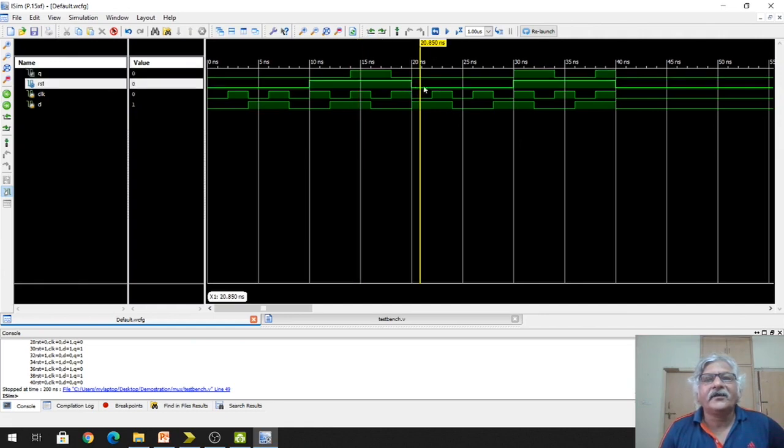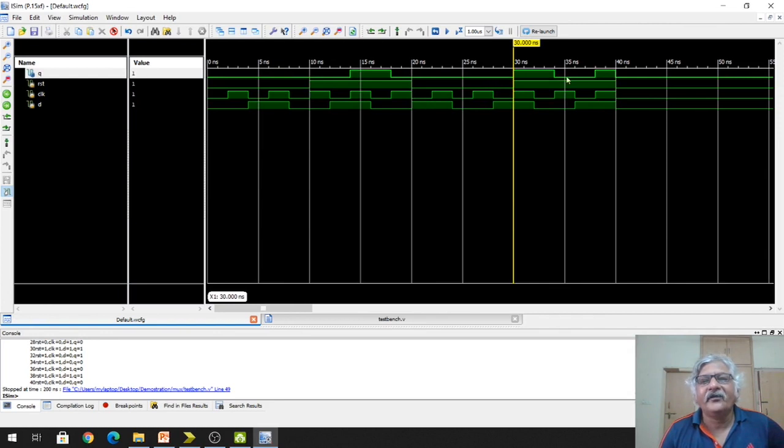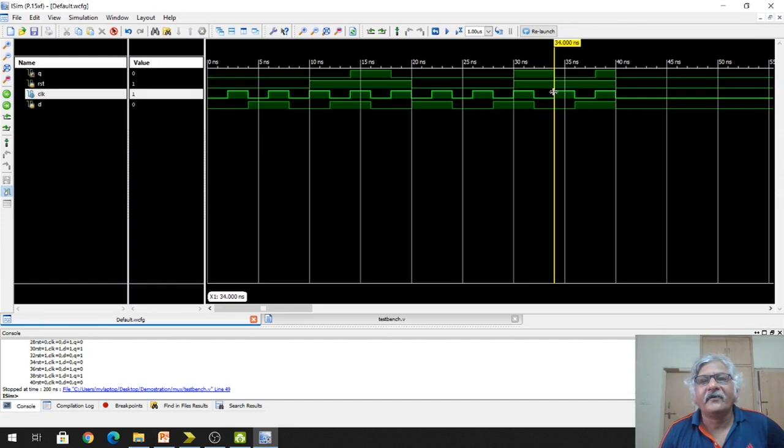Now, again the RST is 0. If RST becomes 0, then there is no change in the output. Whatever is the change in the D input or in the clock, it will not be reflected. Now at 30 ns, the RST will again become 1. So now after 30 ns, you check the positive edge of the clock. See here, the positive edge of the clock is here.